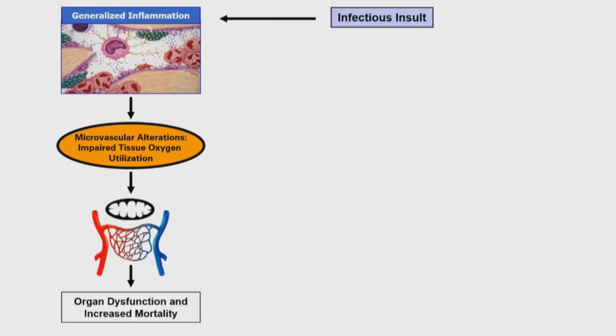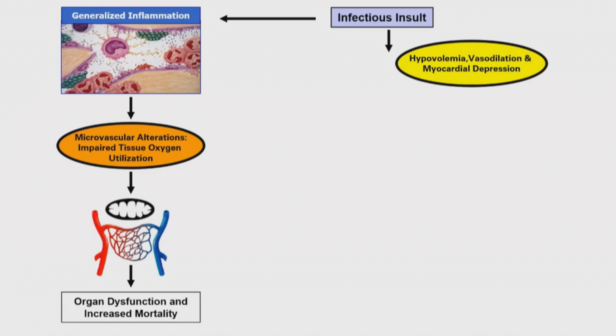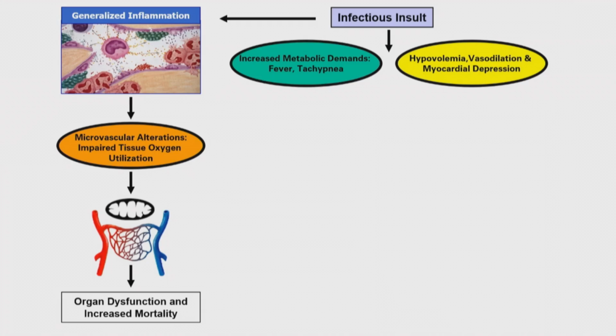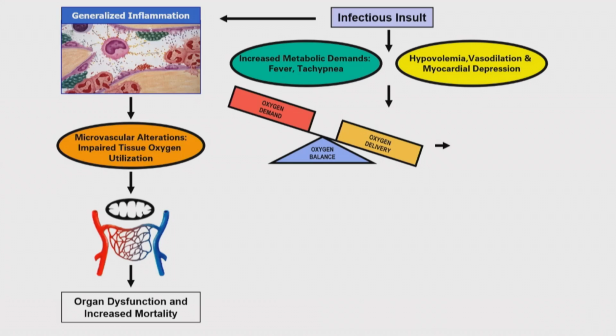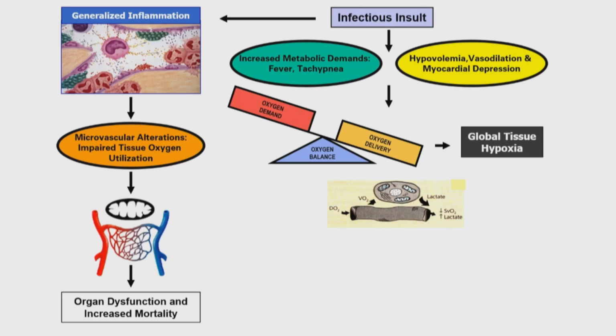Now, this progresses to a disease that creates both an inflammatory phenotype as well as a hemodynamic phenotype, because the infectious insult can alter the relationship between oxygen supply and demand, and subsequently progress to organ dysfunction. As you progress in this cascade, there's a hemodynamic phenotype that begins.